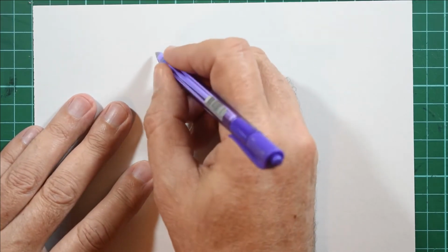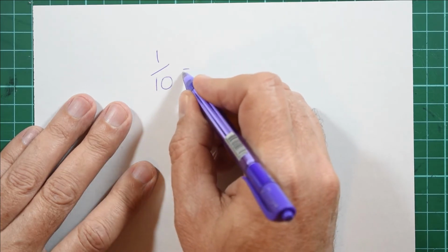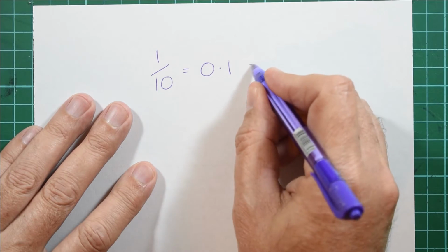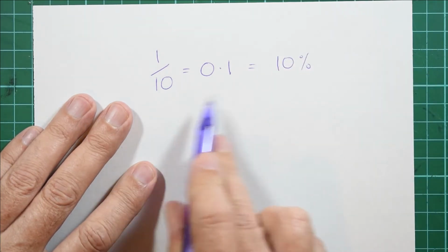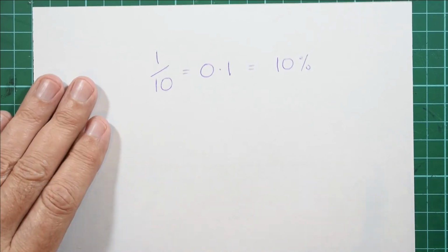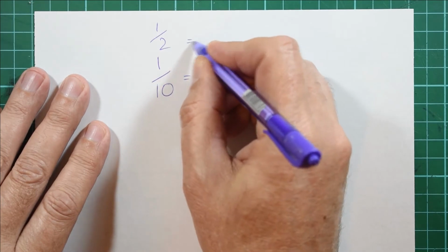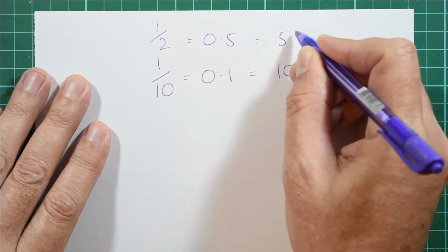If you look at, say, 1/10, for example, we can say that it is the same as 0.1 and it's the same as 10%. Now you've sort of seen this equivalent thing before. We've done it with halves and other numbers. So for example, 1/2 is the same as 0.5 is the same as 50%.